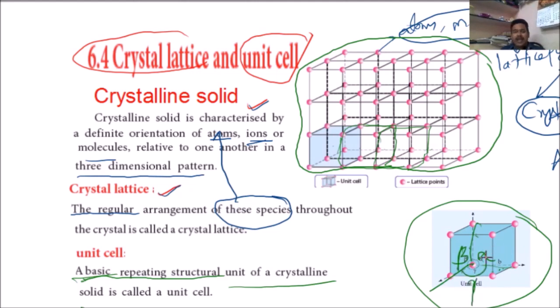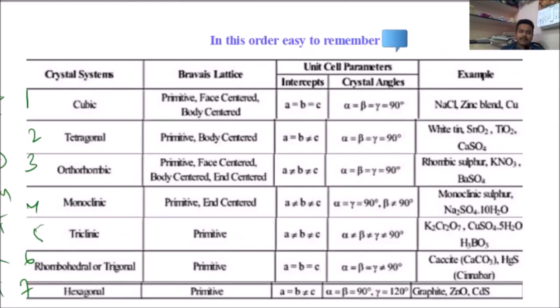These three are the angles. So the A, B, C parameters come here again. That system can be decided by the name of the system: cubic, tetragonal, orthorhombic, monoclinic, triclinic, rhombohedral, hexagonal. This system can be explained based on the unit cell parameters.